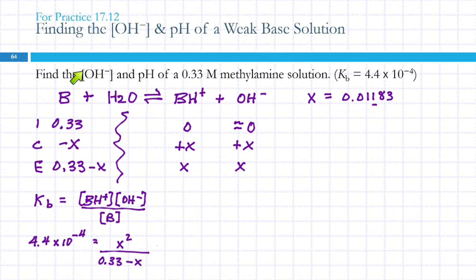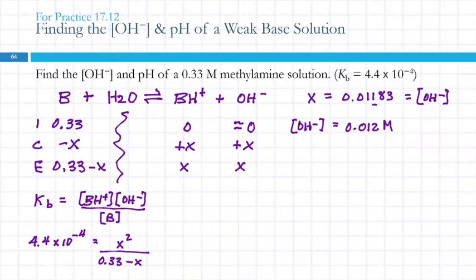We're finding hydroxide ion concentration and pH. What does X represent? It represents the hydroxide ion concentration, right? Because we started at 0. So this, and they're always going to ask you about the pH, not the pOH. So then we have to do the extra step.